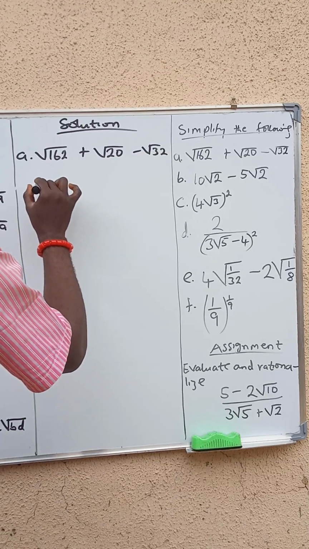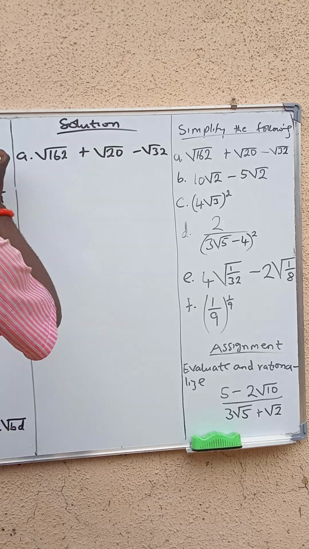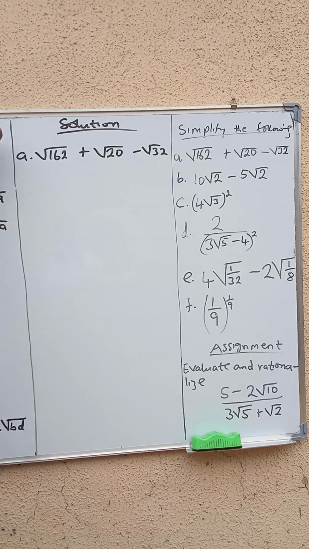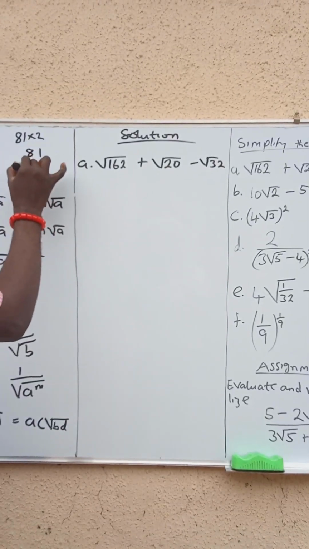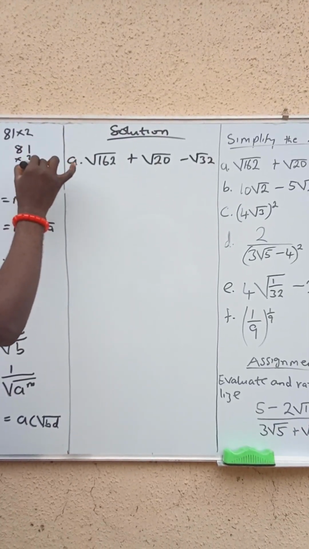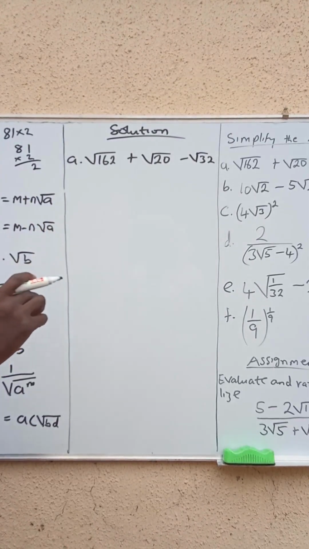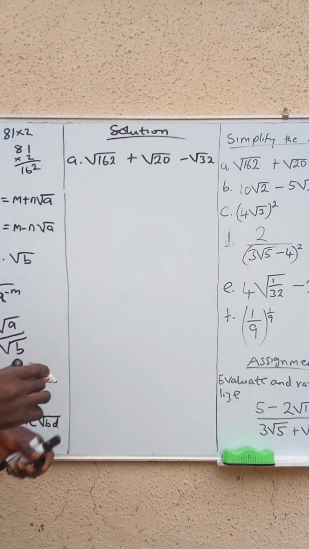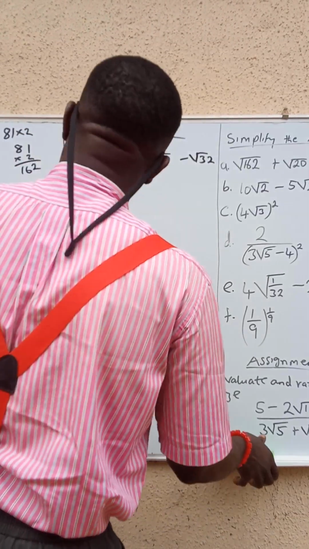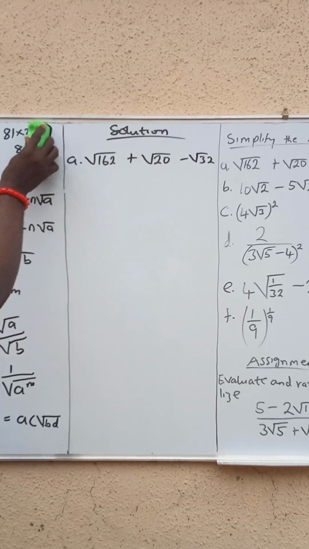I believe that 162 will be 81 times 2. 2 times 81, 2 times 8 is 16, so I have 162. If you are looking at it in this way, it may be very cumbersome.